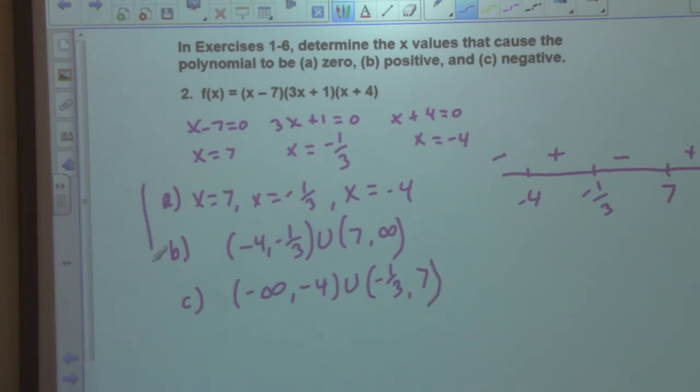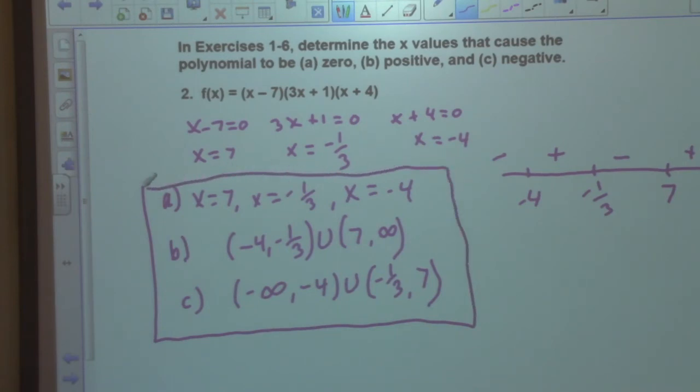Okay, I want to show you something you can do with these things. What is the multiplicity of each of these zeros? 1. So multiplicity equals 1 for each. Well, what that means, if multiplicity is 1, it means sign is going to change every time.